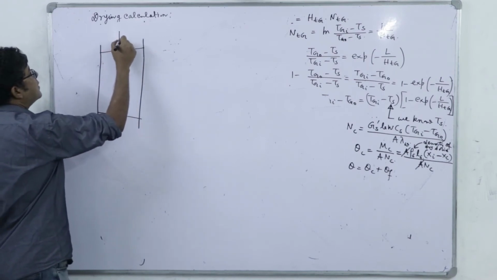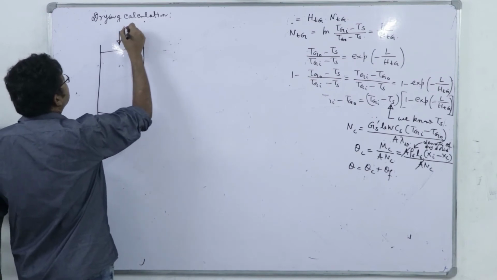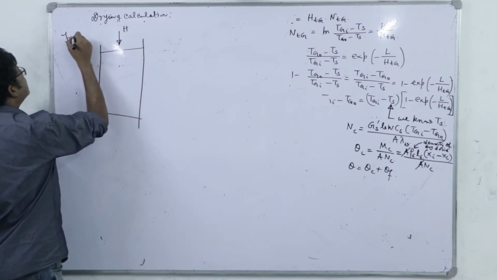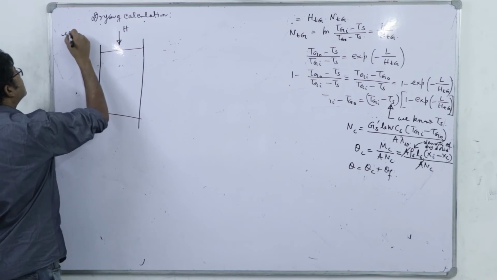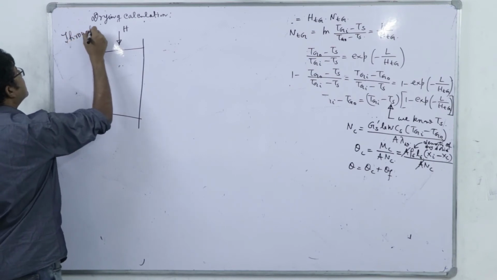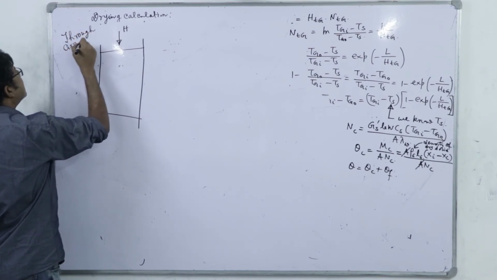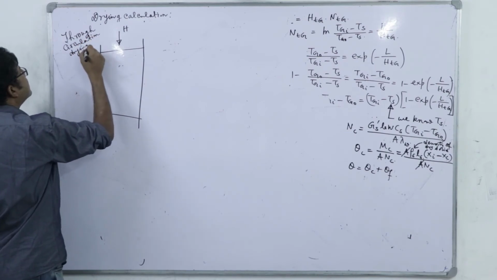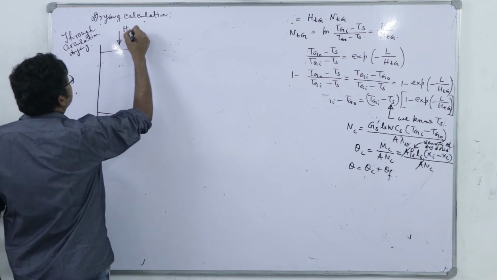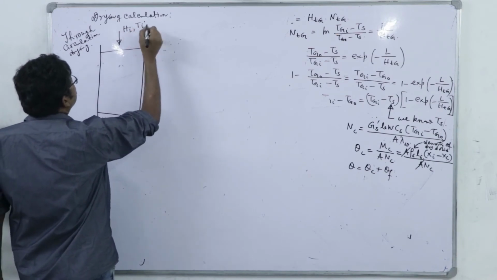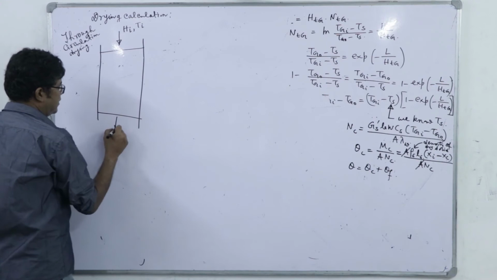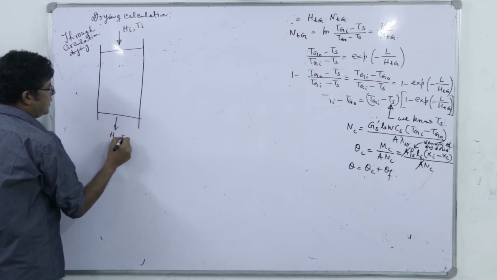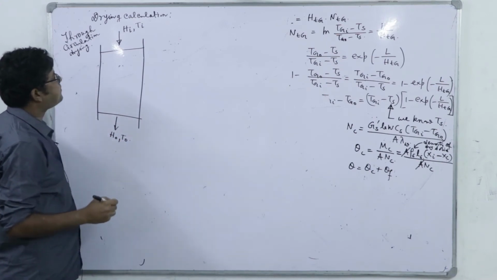Now here with a given humidity, so this is a case of through circulation drying. So HI, TI, and here it's moving out with HO and TO.